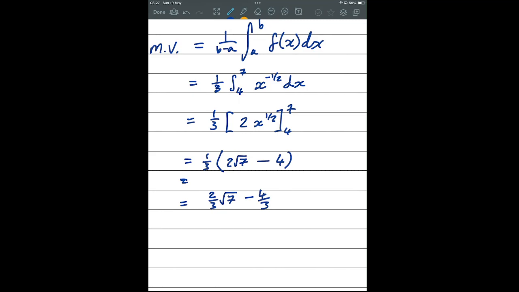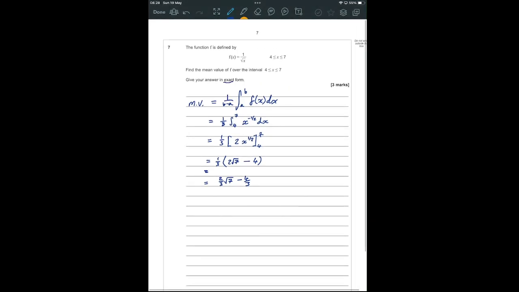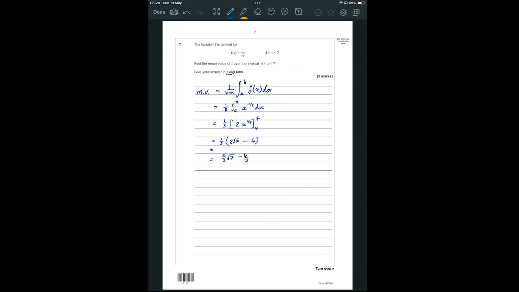So my upper limit is 7, my lower limit is 4, and yeah, my calculator didn't give it to me exact. So you can get around that when you're checking by typing in what you think the answer should be and comparing it. So I'm going to also type in my answer and just see if the two lines are the same, and they are. So I'm almost guaranteed to have got this right unless I've misremembered or misquoted the formula in some way.